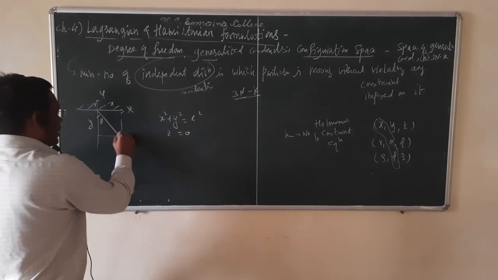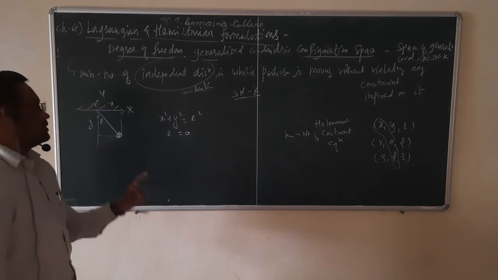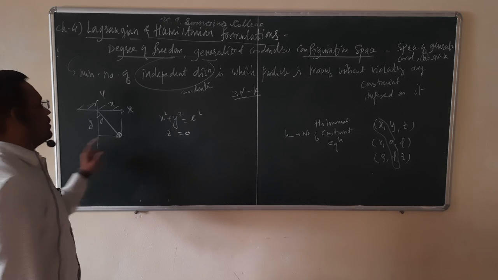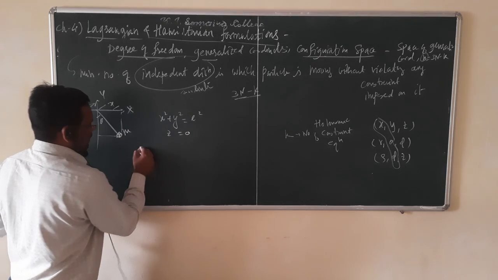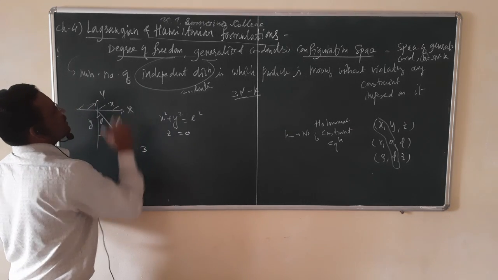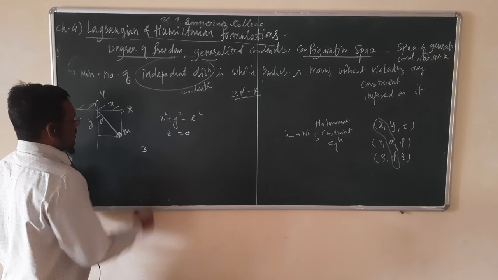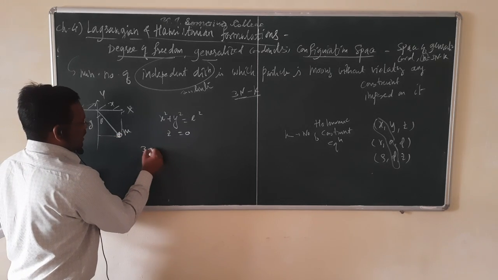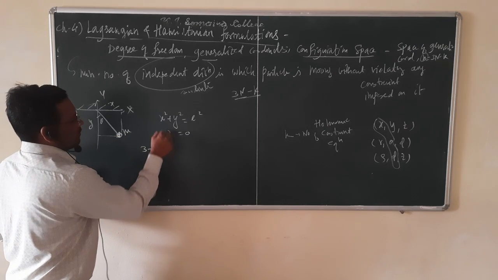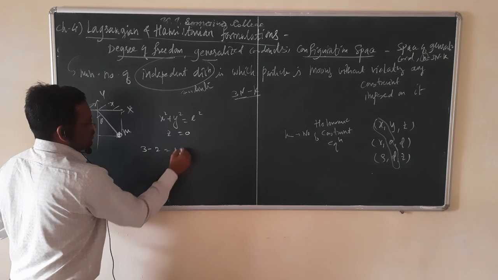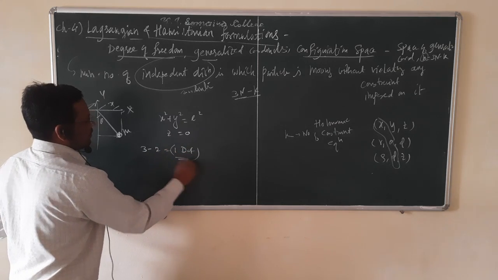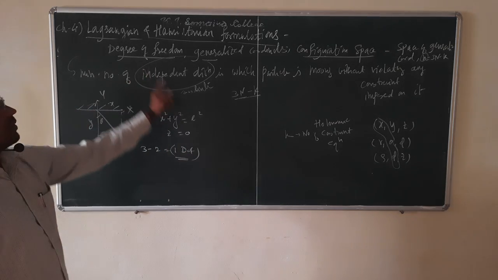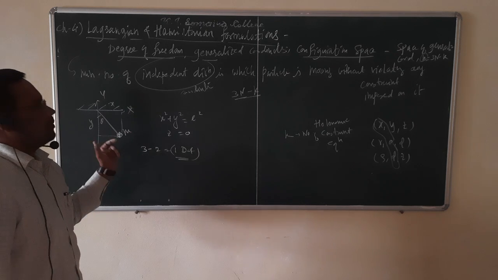Since we have only one simple pendulum, having mass m, how many degrees of freedom and generalized coordinates are there? 3 are the independent directions, minus the two holonomic equations, so 1 degree of freedom is there, and one generalized coordinate for the simple pendulum.